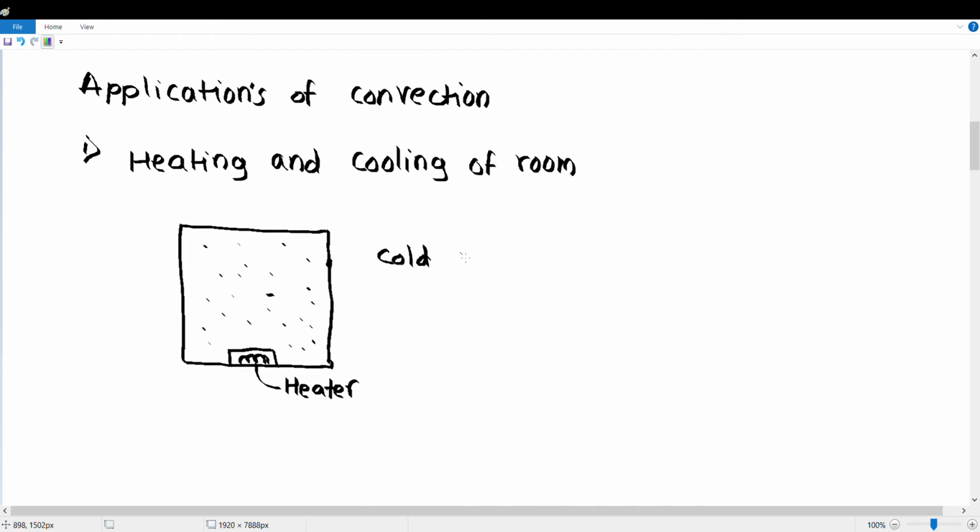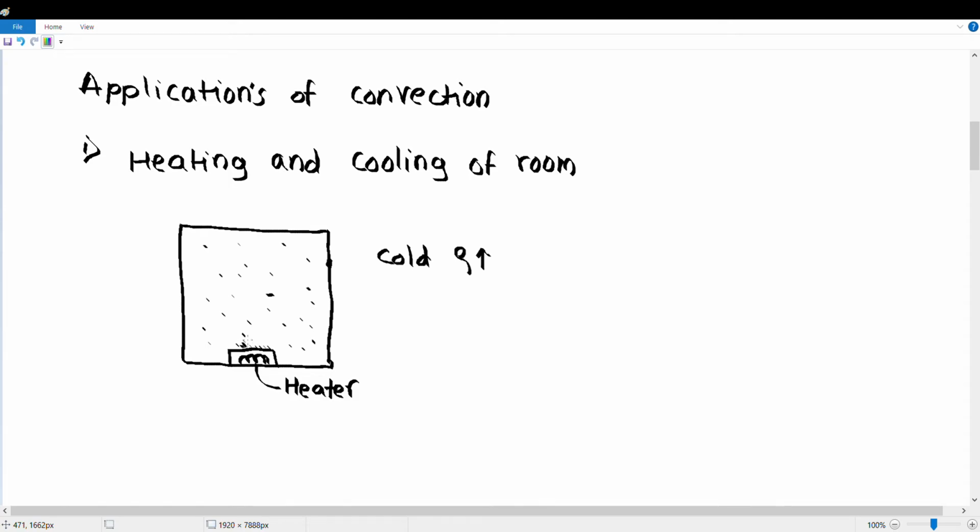Naturally, the cold air has a higher density. Now when this heater is on, the air which is near the heater receives the heat, and it has some excess temperature.